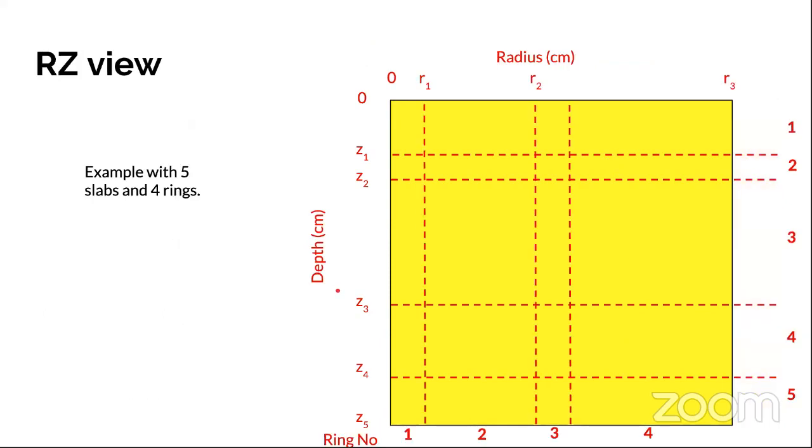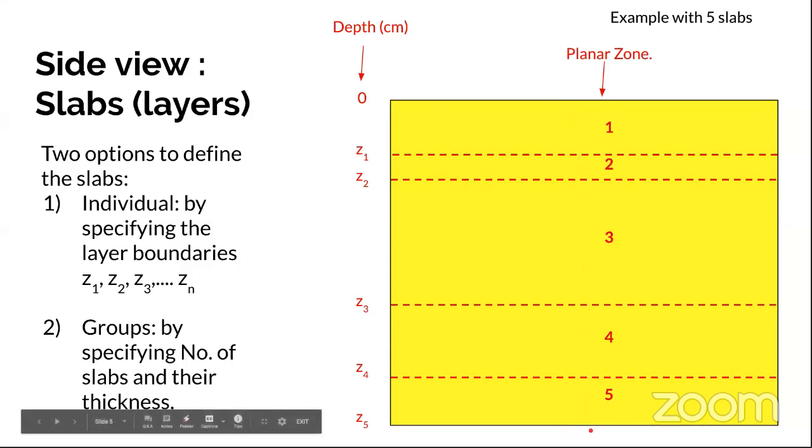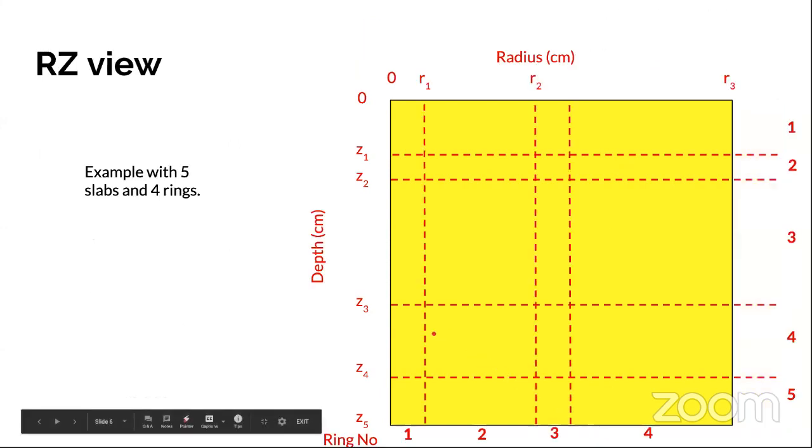So the RZ view. Since we have a symmetrical geometry, imagine this is the full width of your phantom. Since it's cylindrically symmetric, we're going to draw everything from the central axis. This is the RZ view.